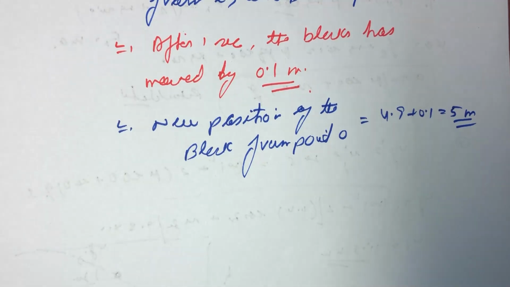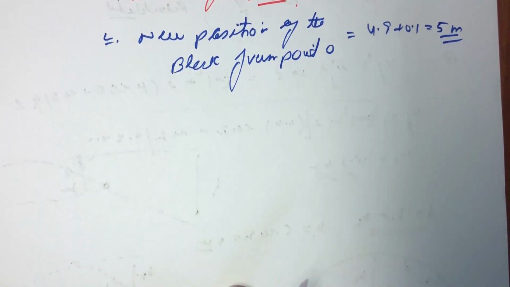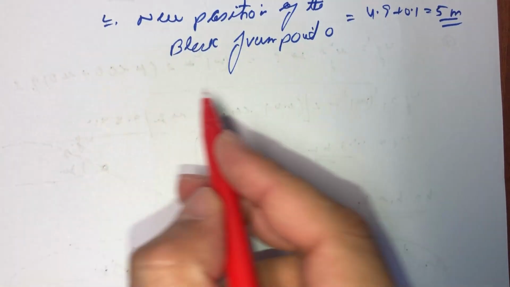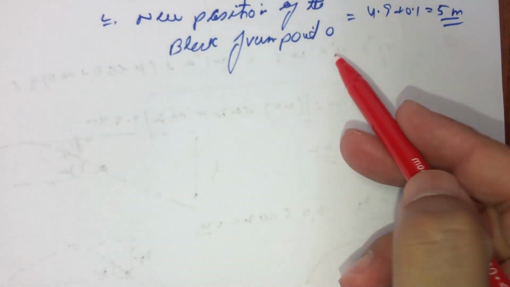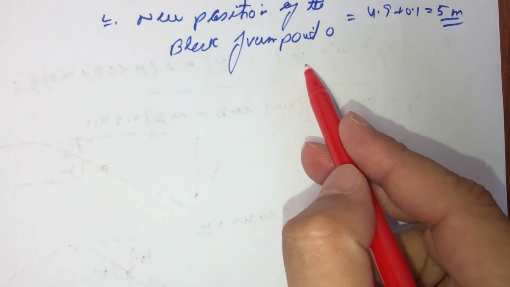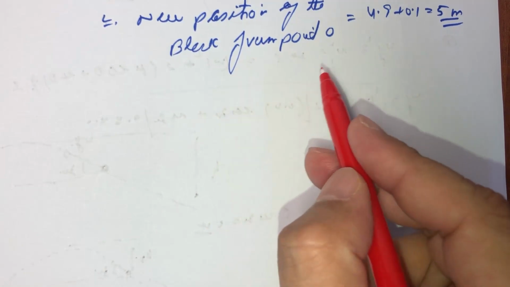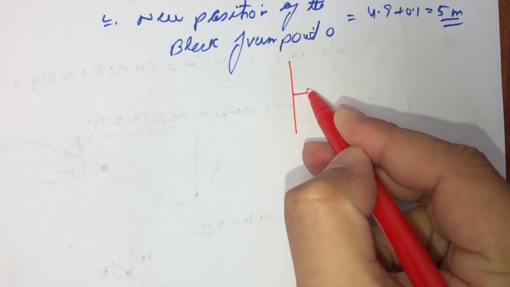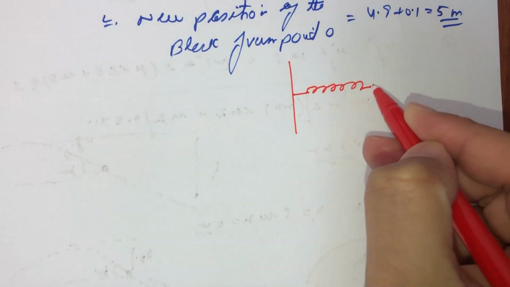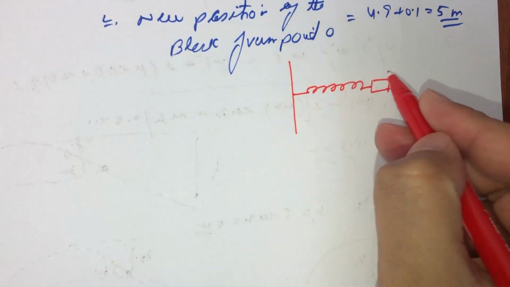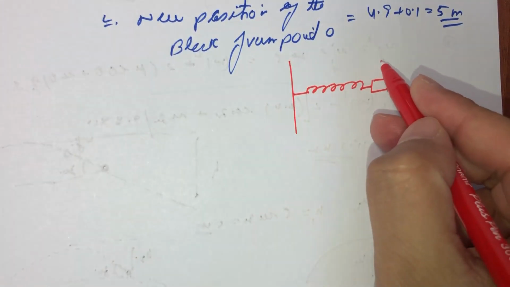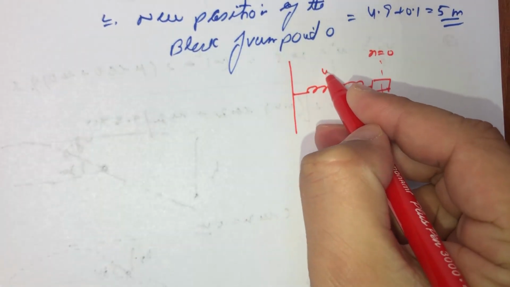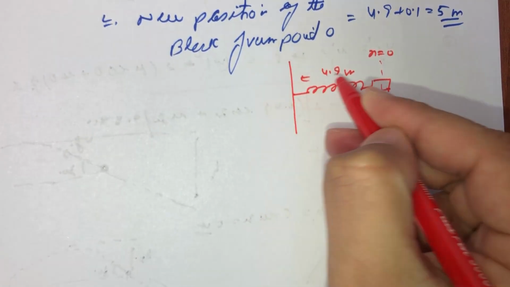So let us try to understand using a simple diagram. It is given to us that our block in the unstretched position, so this is the unstretched position of the block, and under the unstretched condition this will be our position of equilibrium, that is x equal to 0, and this is given as 4.9 meters.